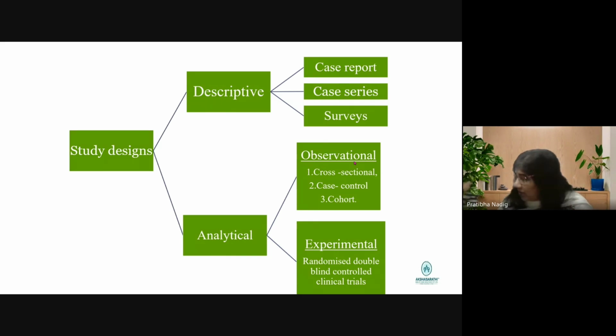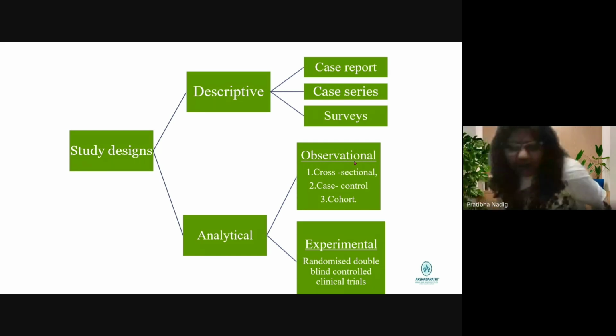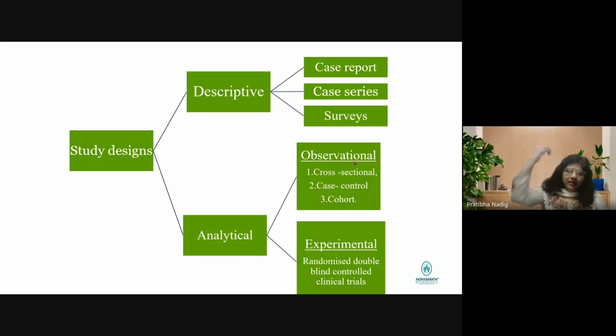You can get more information about these studies in the textbooks of community medicine, or we will send you some references. Now, for the study we were referring to, HRQOL, for students we prefer cross-sectional, unless, as I said, you are able to devote time and do follow-up studies as a cohort study or a case control study. So cross-sectional is one time.